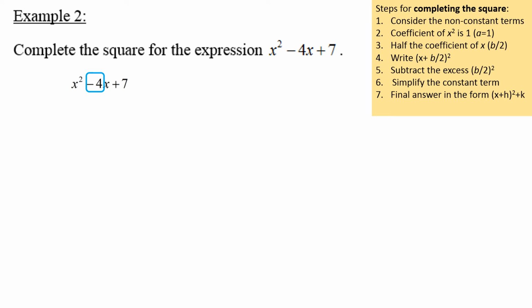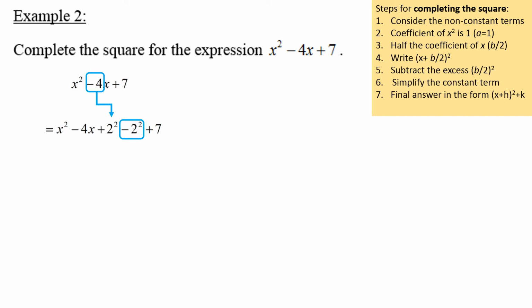Next, I'm going to check that the coefficient of x squared is 1, which it is. And then we are at step 3. I'm going to look at the coefficient of x, which is minus 4, and I'm going to divide it by 2. Next, I'm going to take 4 divided by 2, which is 2, and add it to the end after squaring it.